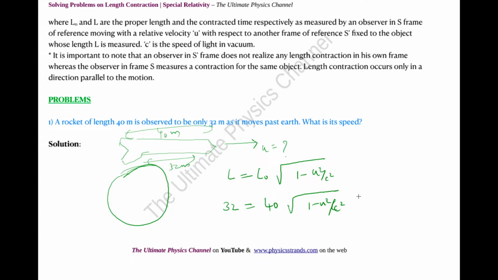If you do the math here, we get 32 over 40 is equal to square root of 1 minus u squared over c squared, and this is 4 by 5, that is 0.8. So you have 1 minus u squared over c squared is the square of 0.8.